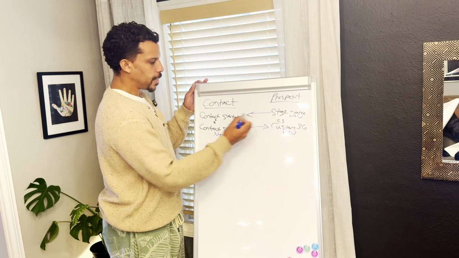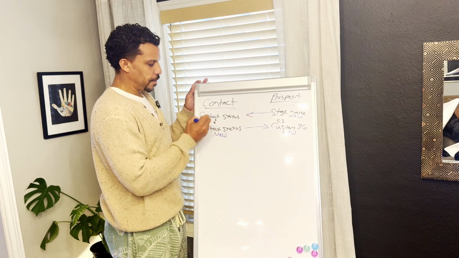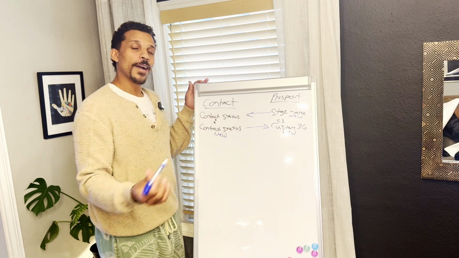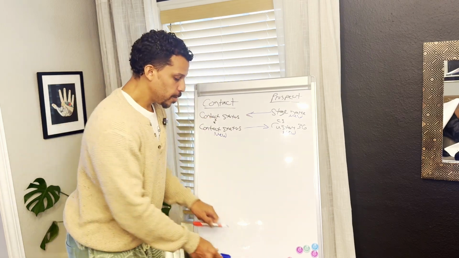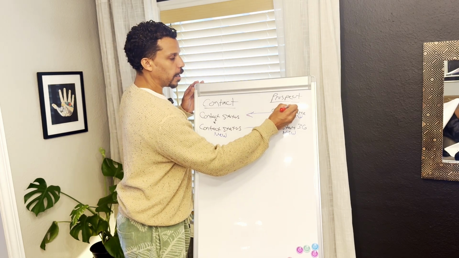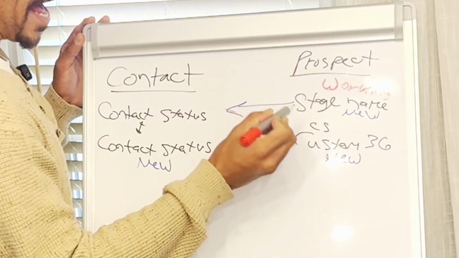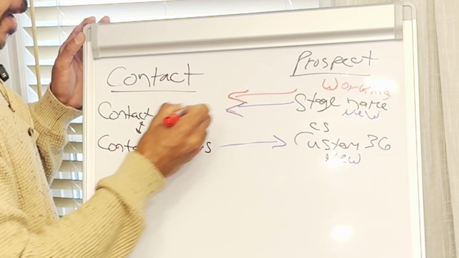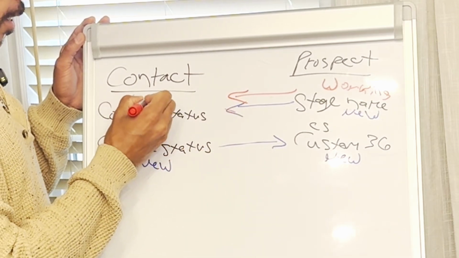There's no need for this to sync at this point because these are the same fields. Now, once that record gets added into a sequence, the stage changes to working, and that now updates the contact status to working.